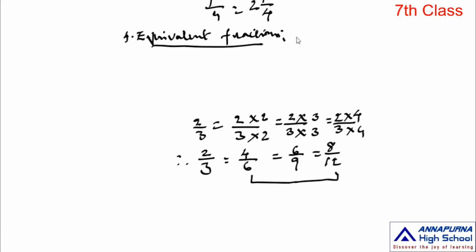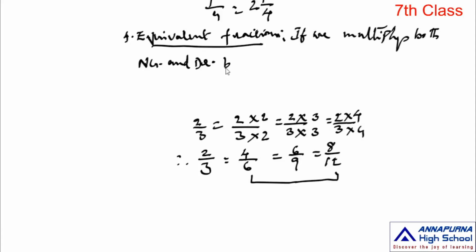So therefore, equivalent fractions means if we multiply both numerator and denominator by the same number, we get equivalent fractions.